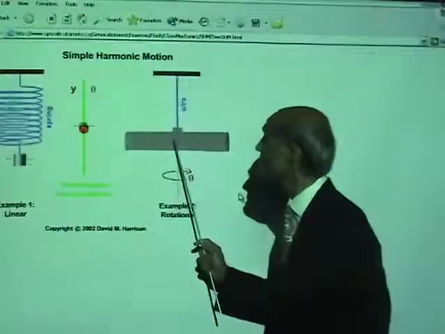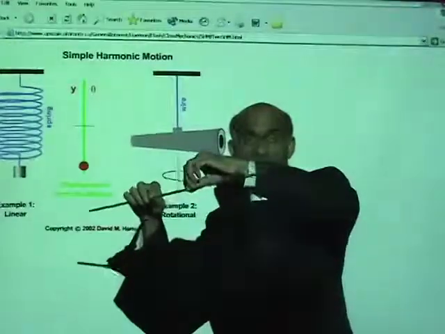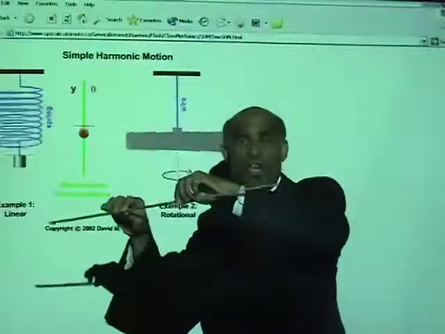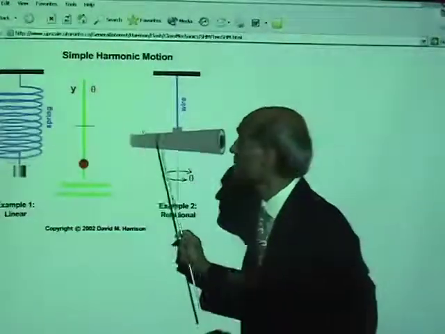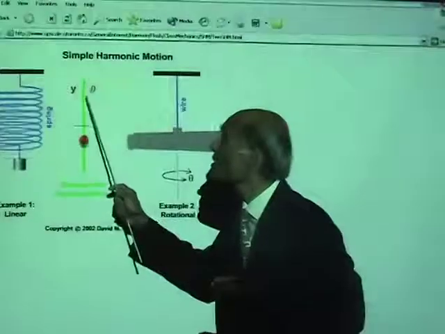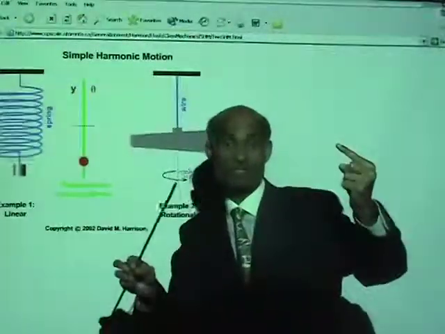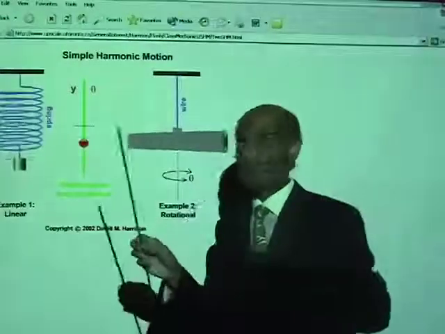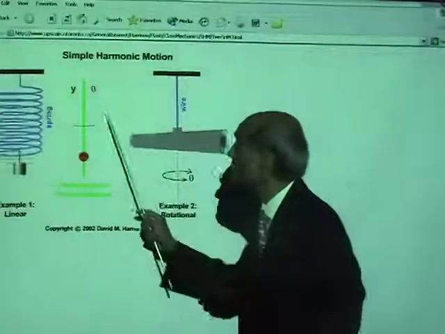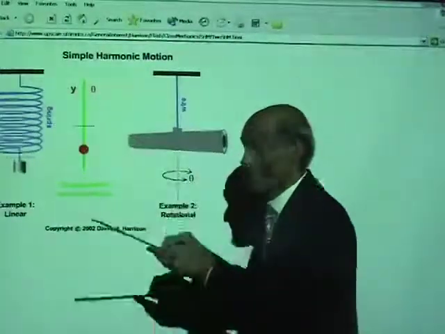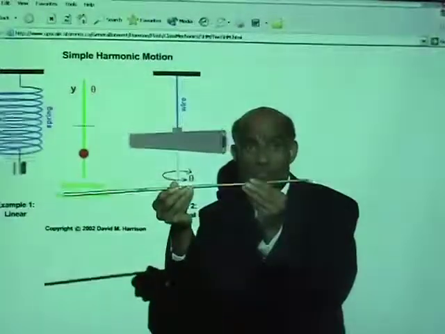Now look at another type of oscillation. Now this type of oscillation is called a torsional oscillation. A torsional oscillation. And the displacement here is angular displacement. If you remember, we talked about rotational motion in physics 1. So torsion is actually rotation, and the displacement is angle theta. And angle theta is 0 at the equilibrium position.